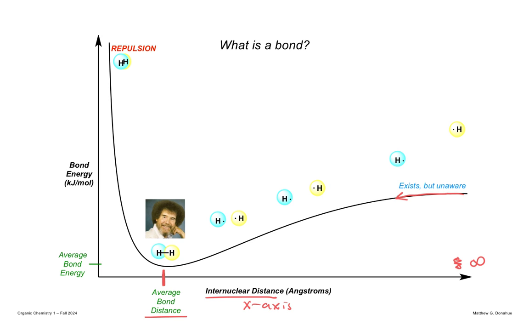And so if you go up from the x-axis over to the y-axis, which is the energy of the bond, we'll talk about average bond energy. So if you put enough energy into the bond, you can then break the bond.